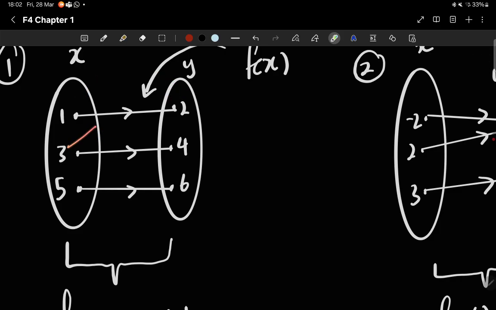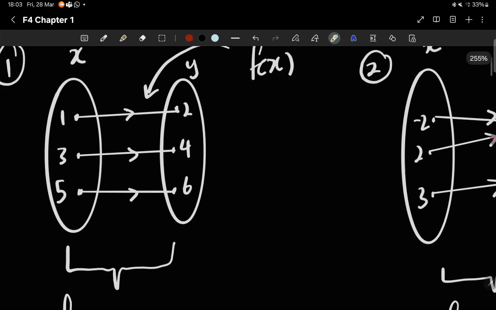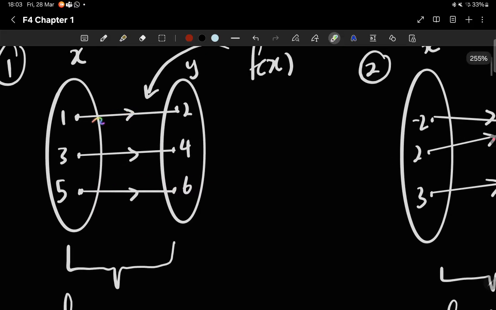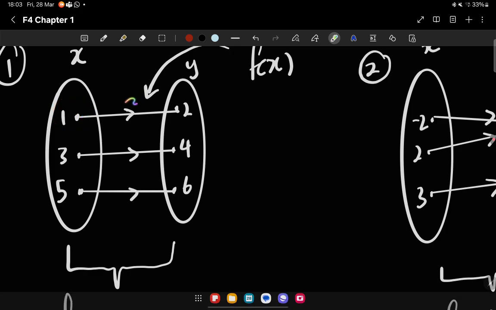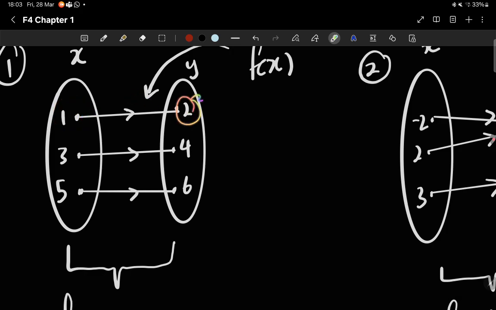And if I throw in a 3, I'd get a 4. And if I throw a 5, I'll get a 6. And if you could already try to guess, there is a little relation between these two numbers. And that is, for each object over here, we are getting a value that is one integer greater.